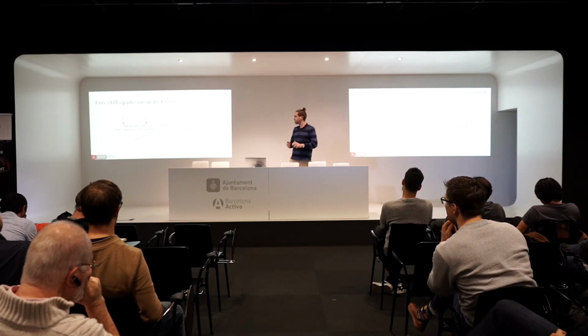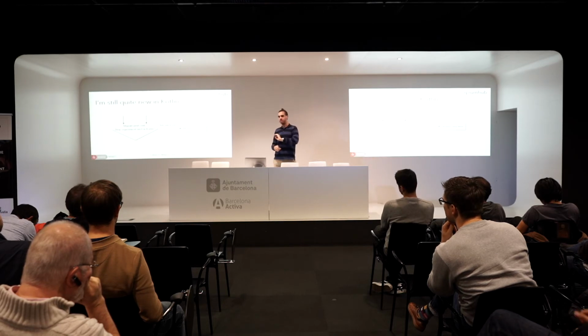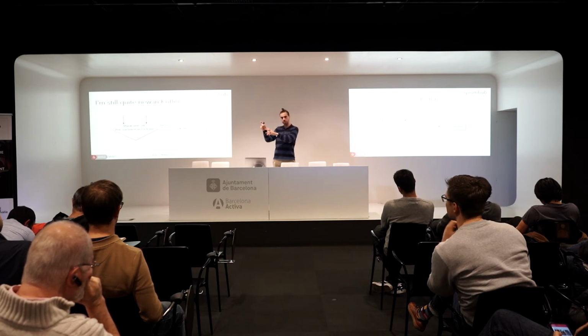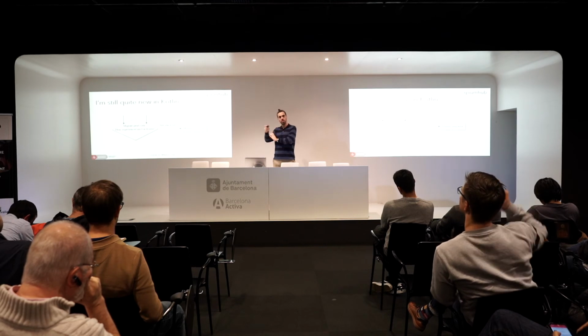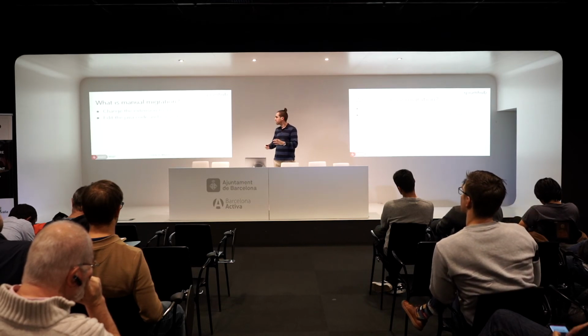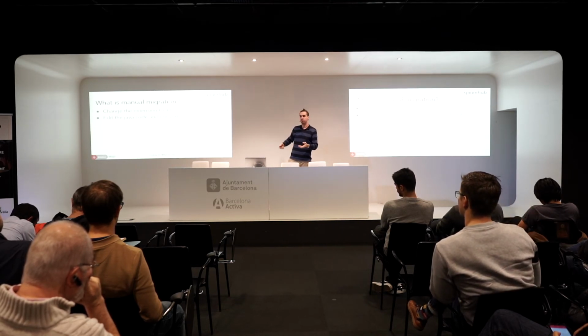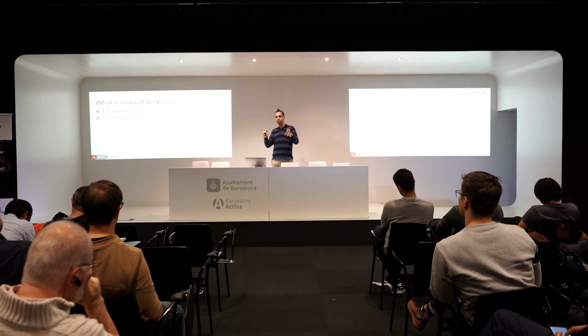So if I'm not very experienced yet, what I will do is manual migration, right? So I start with a copy of the Java code. I put it in a Kotlin file with a KT extension, and I edit the Java and convert it to Kotlin manually. And then I test, and if everything is working, I'm done.